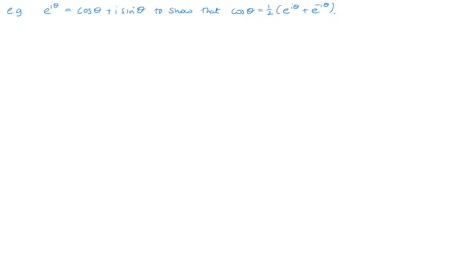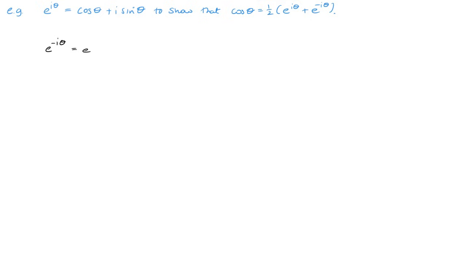So this final example is just an example on manipulation, which sometimes you do have to do for part of a question. It gives me that e to the i theta is cos theta plus i sine theta. And there in the brackets is e to the minus i theta. So let's look at that, e to the minus i theta.